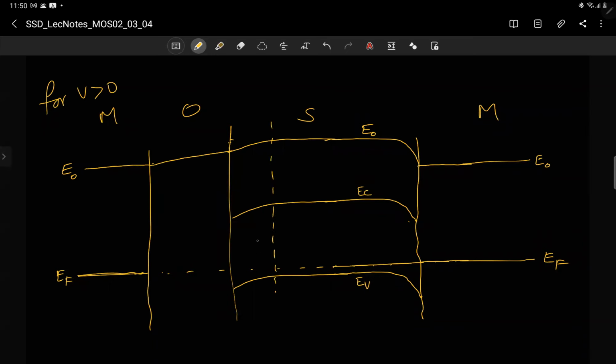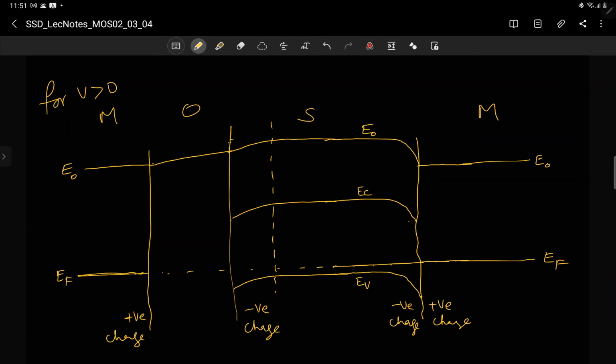What kind of charge does this correspond to here? This corresponds to depletion, which means here you will have negative charge. And definitely you should have positive charge on the other side, and with positive charge to negative charge a field should be there, and the slope of E0 is positive here, which is correct. So here also you have negative charge. On the metal side you have positive charge.